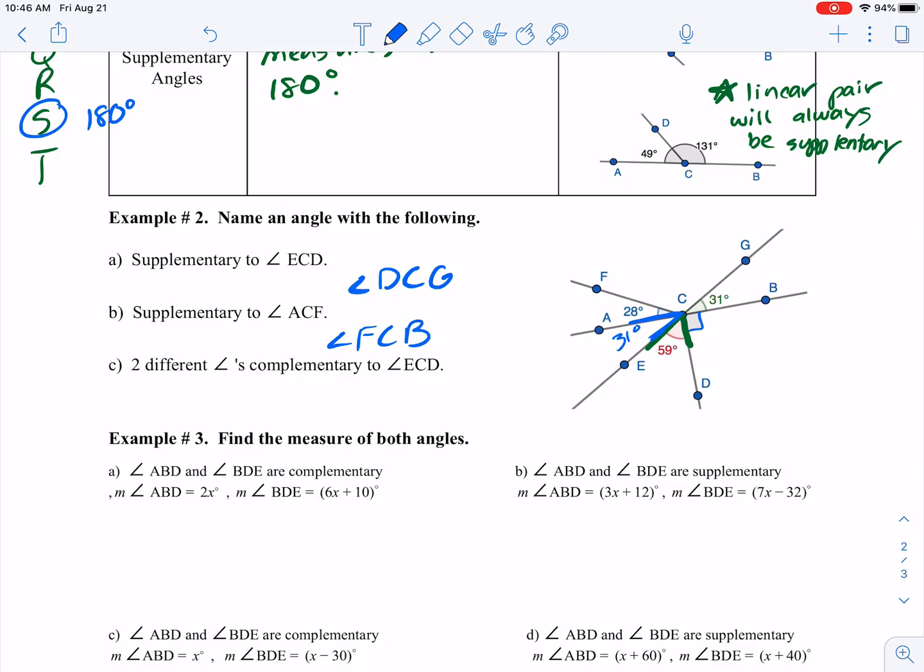And 31 plus 59 gets our 90. So we could say angle ACE. I'll let you pause the video for a sec and see if you can maybe name another angle that equals 31 degrees. It would be directly opposite of it. It might be a vertical angle. That would have been angle GCB.